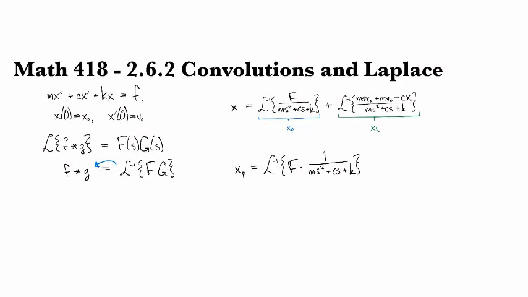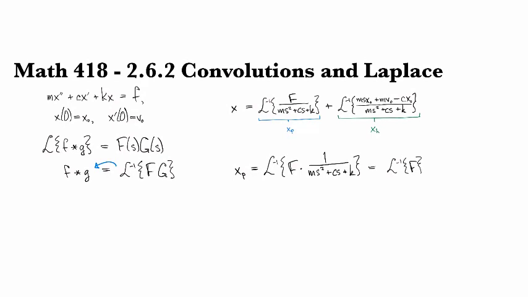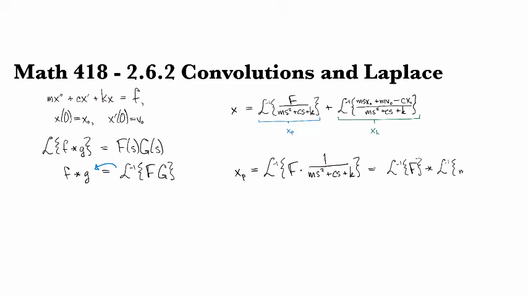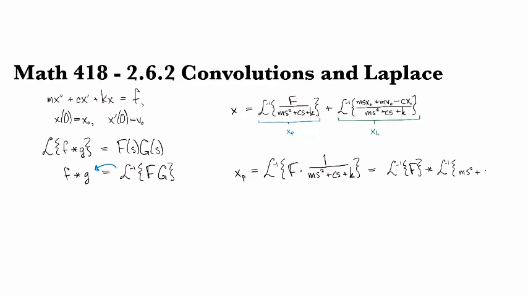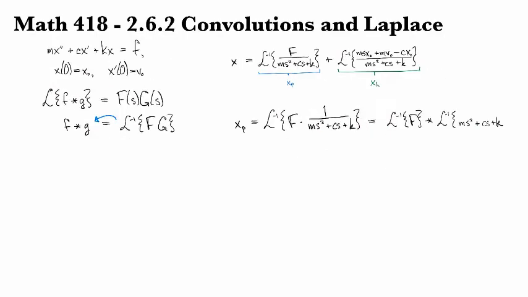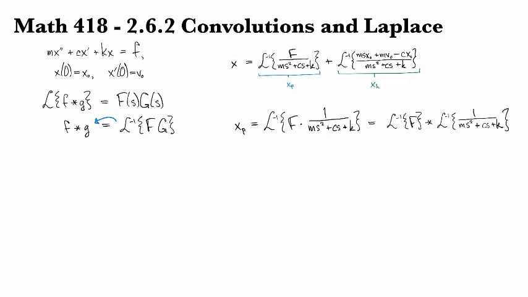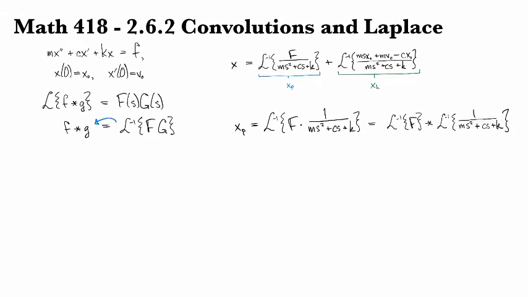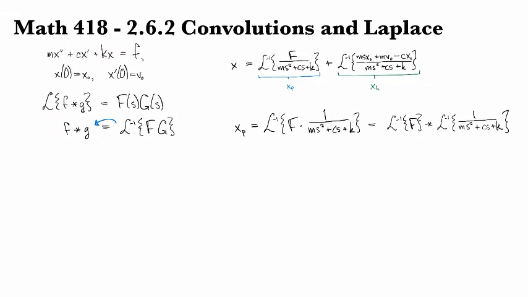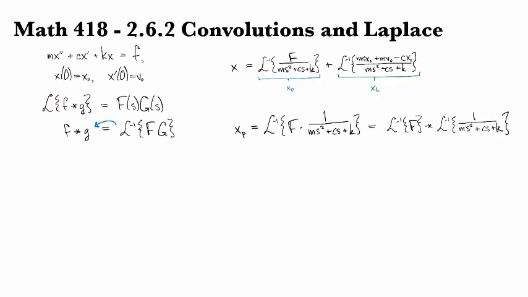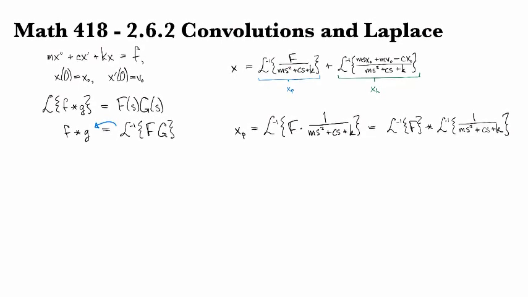And so by the theorem then, this is going to be Laplace inverse of f convolved with Laplace inverse of this other bit right here, which it's worth noticing comes totally from the data of the device. So if you think of this as something that you built, you've got your mass and your coefficient of friction and your spring constant. All that's internal or intrinsic to the device, and that's what determines what happens there.